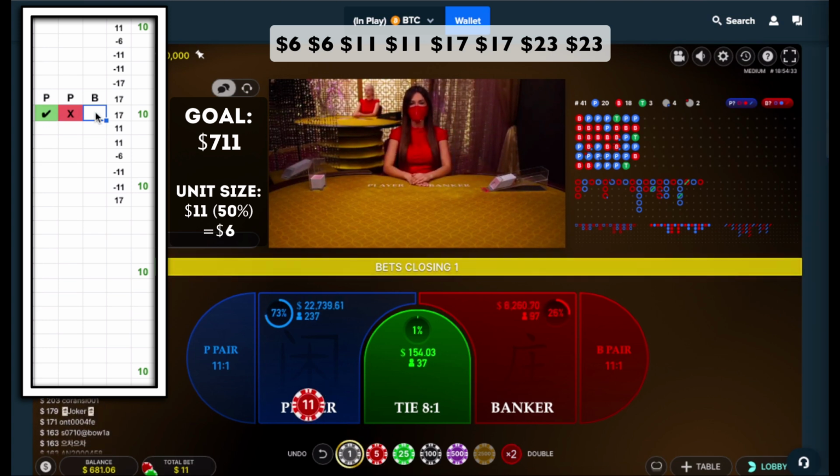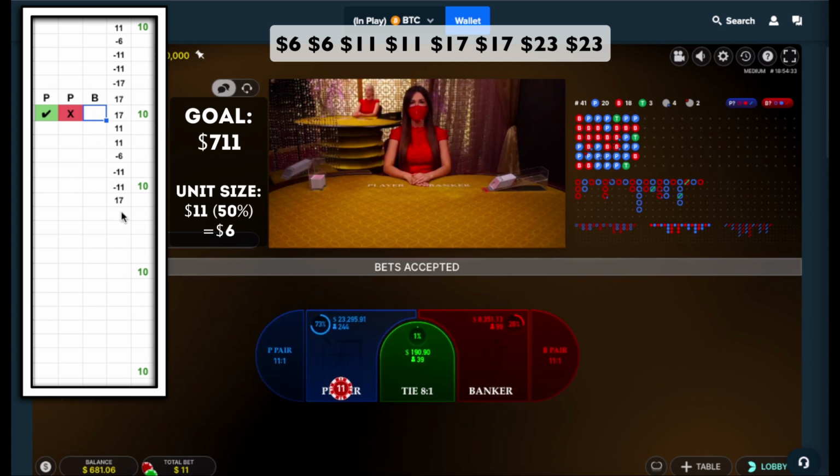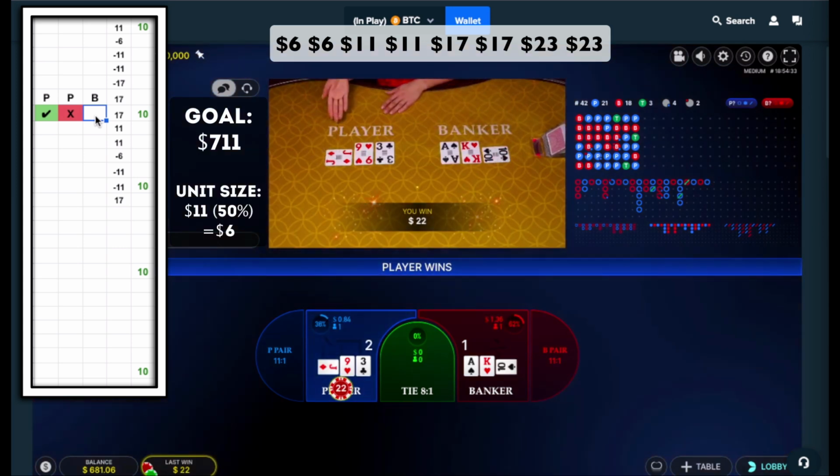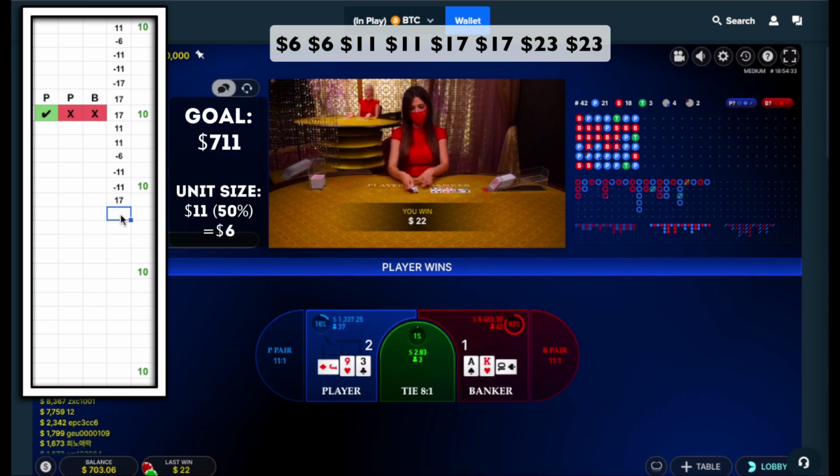That is why I'm looking for the X here. Step number 4 of the progression. Okay, perfect. We do get the X, plus 11.